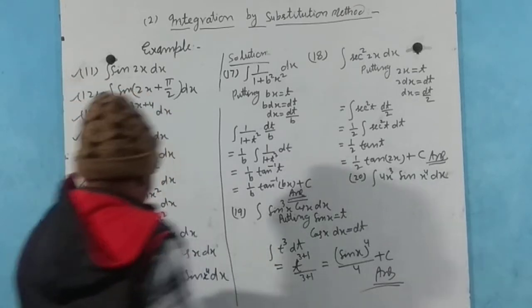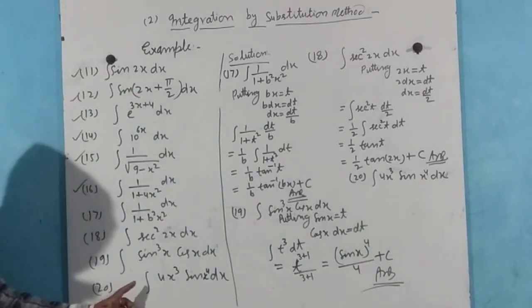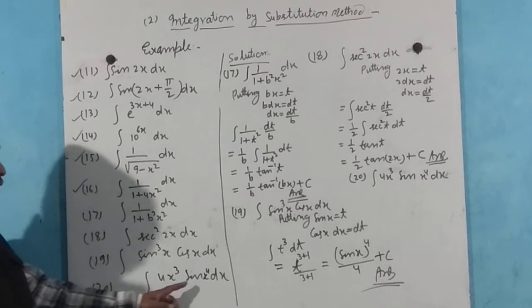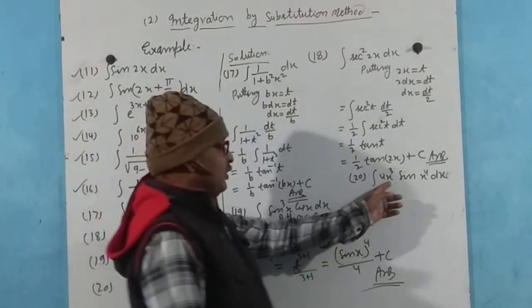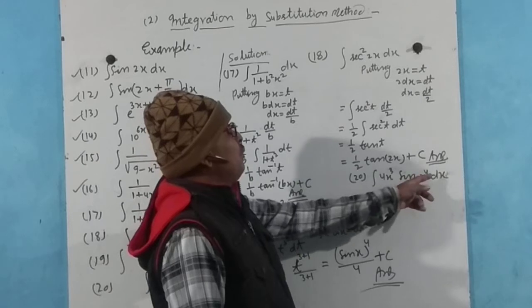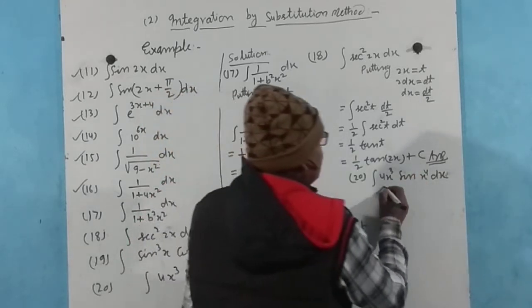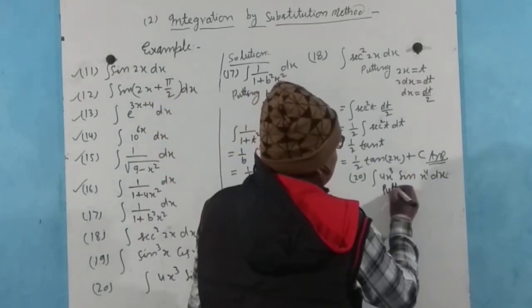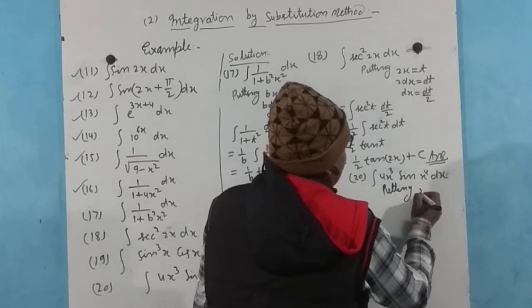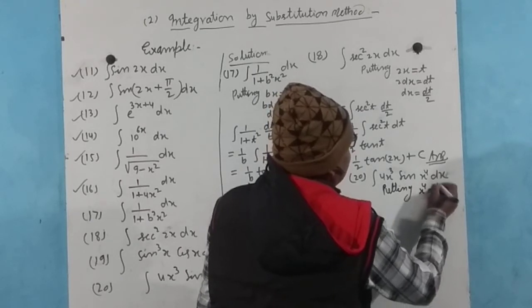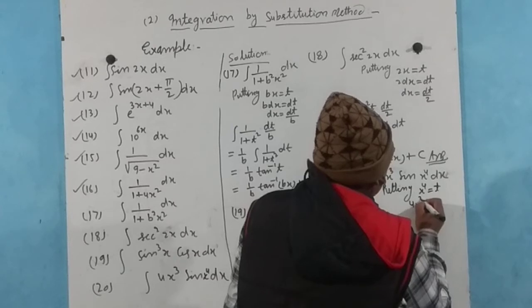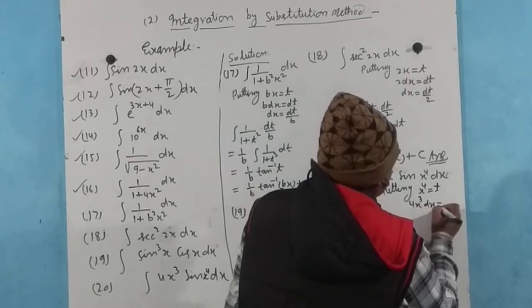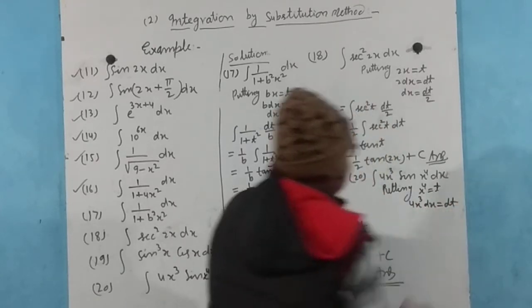Now here question number 20. Integration of 4x cube sin x to the power 4 dx, putting x to the power 4 equal to t, so that 4x cube dx equal to dt.